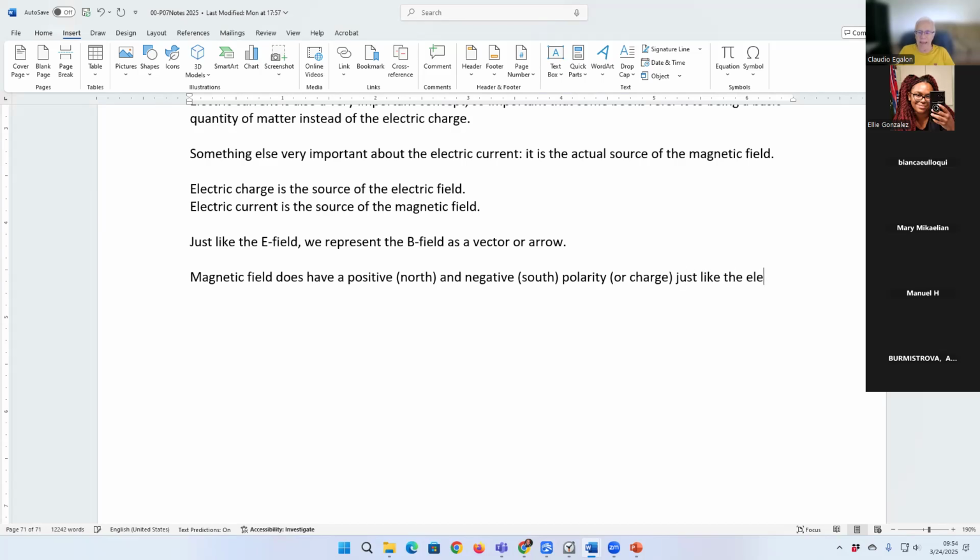Just like the electric field. However, unlike the electric field, you cannot separate these two poles or charge, okay? That's a very important distinction between magnetic field and electric field.